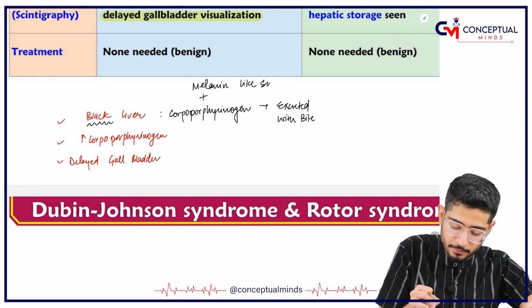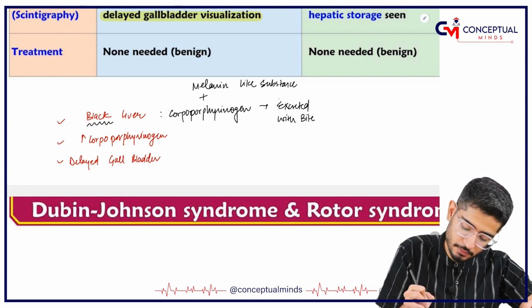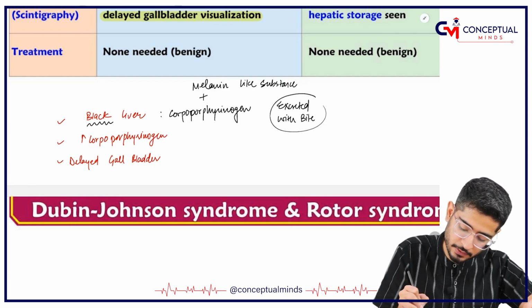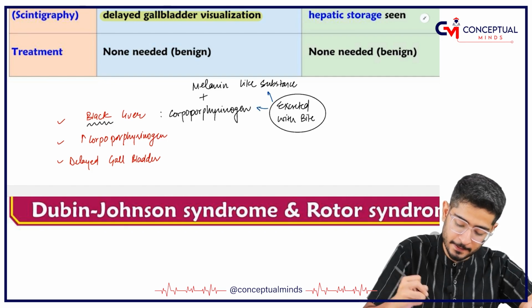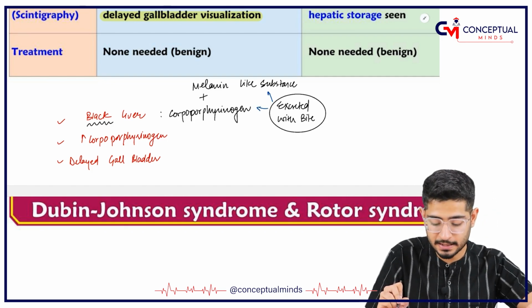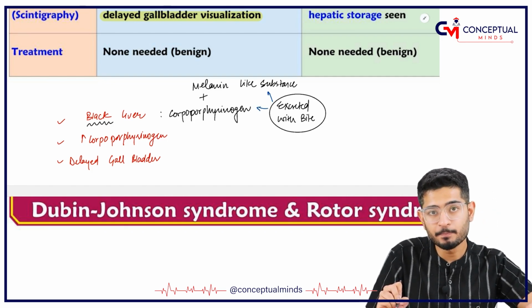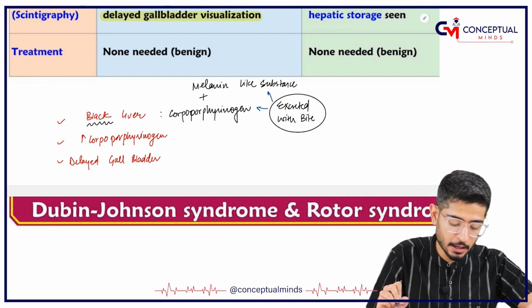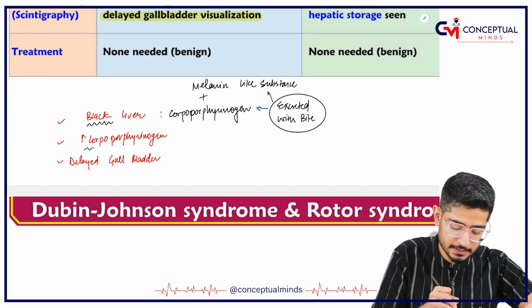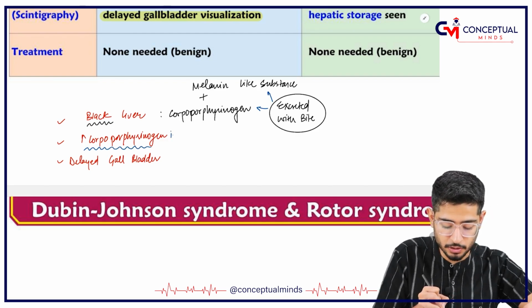Okay, they both are supposed to be excreted with the bile, but they are not going to get excreted with the bile, and they are going to get accumulated inside the liver. That is why there is a black liver, number one. Number two is the increase in porphyrinogen in the urine. Why?